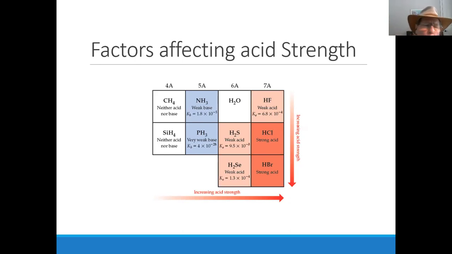So if it wants to hold on to that proton, then it's not going to dissociate. The H is going to be linked to the F. It's not going to go out in solution as much as the HBr. Weaker the electronegativity, the stronger the acid. Weaker the electronegativity, stronger the acid.